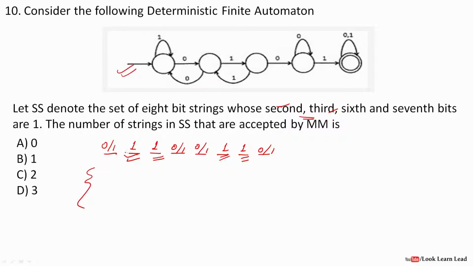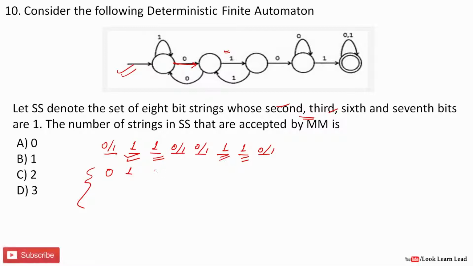Now let's see. The first bit, if the second bit needs to be 1, so this one should be the second bit. The first bit should always be 0, then only the second bit can be 1. So it is 0, second bit is 1, okay, it is possible.